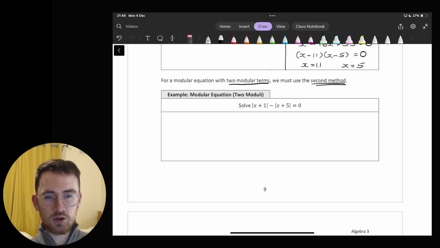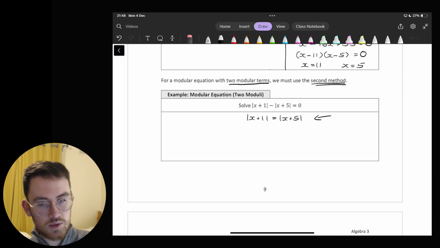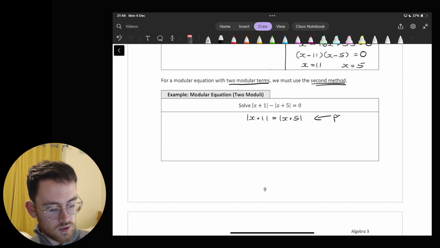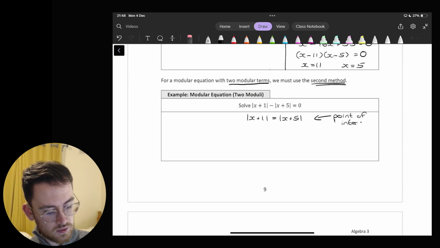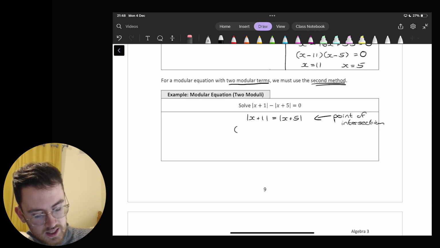And in fact here we're only going to have one answer, because when we're setting two modulus equal to each other, as we'll be doing here, I'm going to take the second modulus over to the other side. What we're really looking at, if we think about the modulus as a function, is a point of intersection. So we're really looking at a point of intersection here, and there's only going to be one such point. We need to square both sides to find that point.